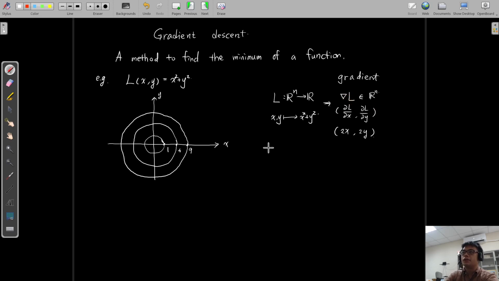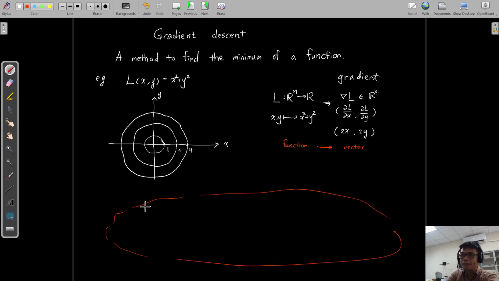Okay, so you have a function, then it becomes a vector. And more than that, here is the key that you have to remember, regardless of whether you took any calculus course before or not. Okay, so this is the key. You will use all the things here.